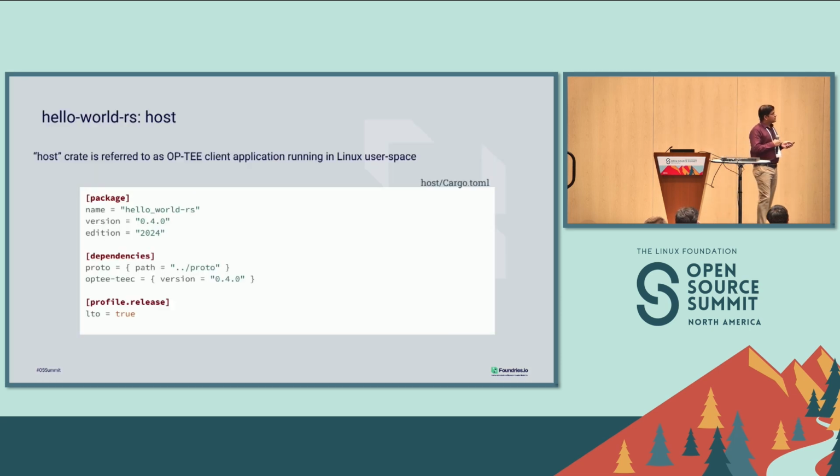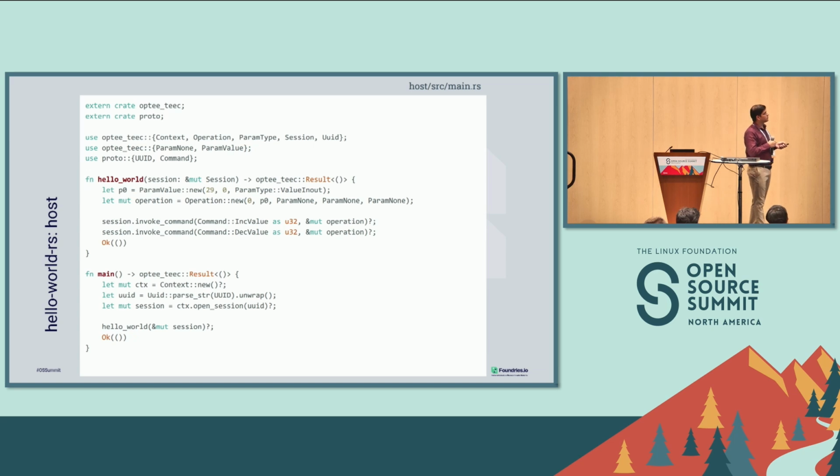Now let's look at the different files in there. The Cargo.toml for the host client application. Here you could see it's just using this optee-teec crate, this particular version, and the shared library crate, and that's actually it for the client application of the Hello World to be written.